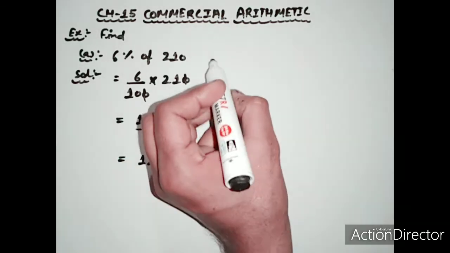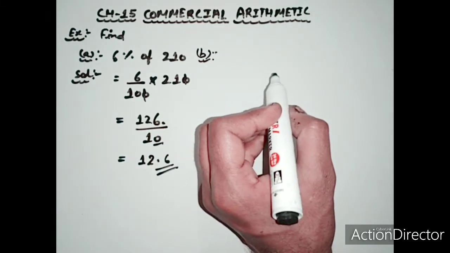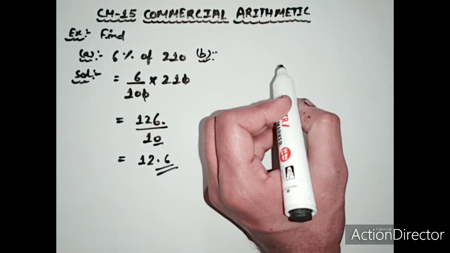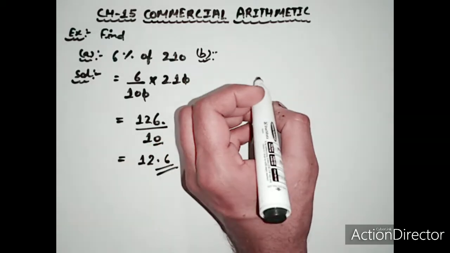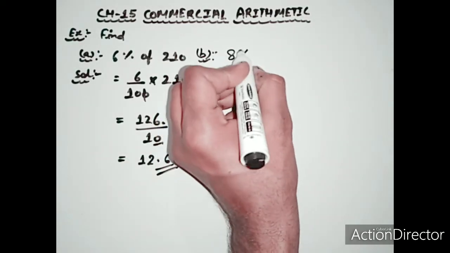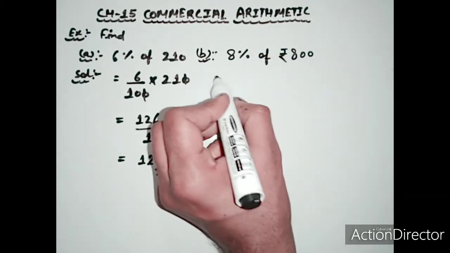Now example number B. Here we find 8% of rupees 800.